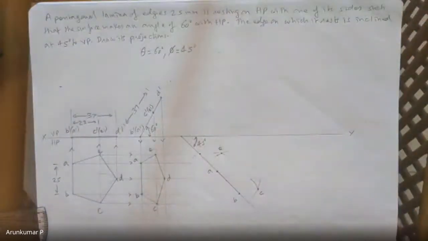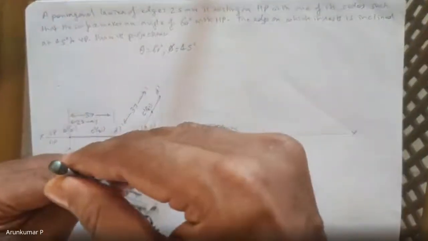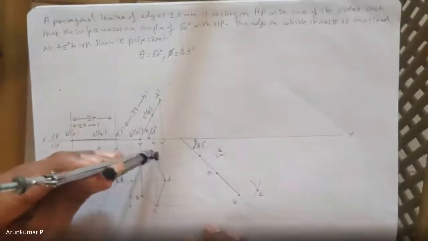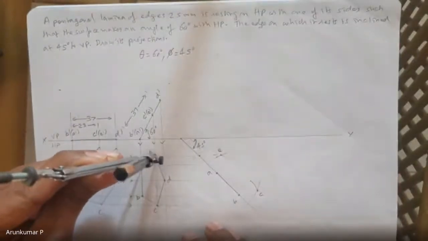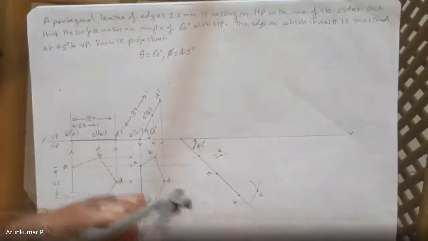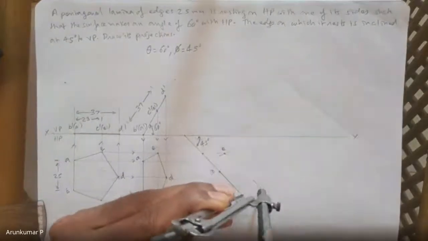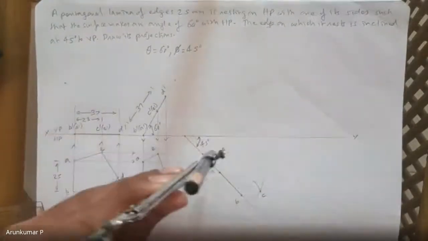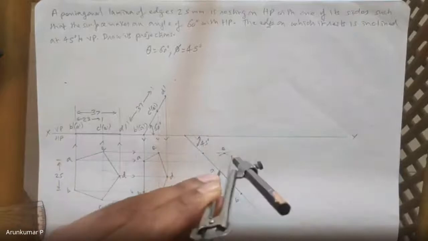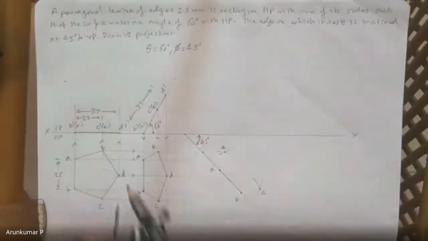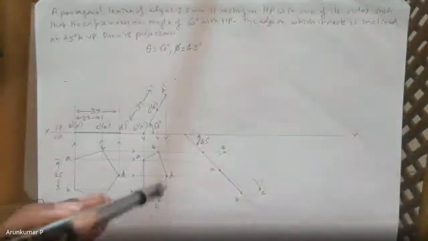Okay, so what I've done is, first I have measured this BC or AE, whatever you want, you can take first. I measured this BC or AE, and with B as center, I have made this arc at C and from A here on the left side. And then I've used the rounder again.